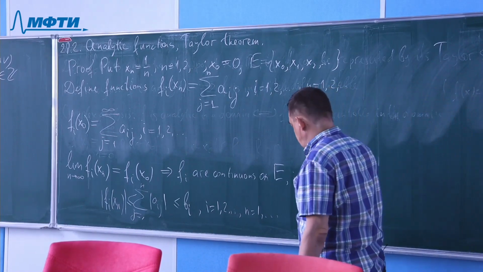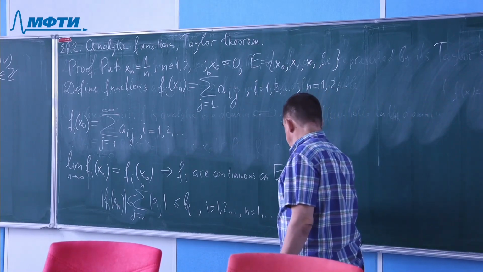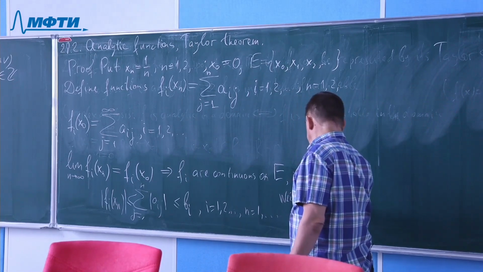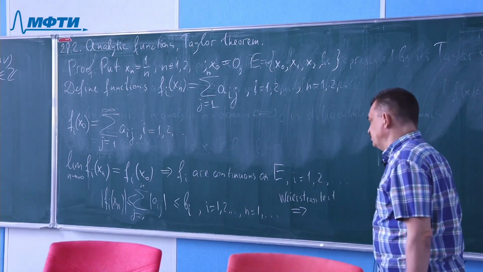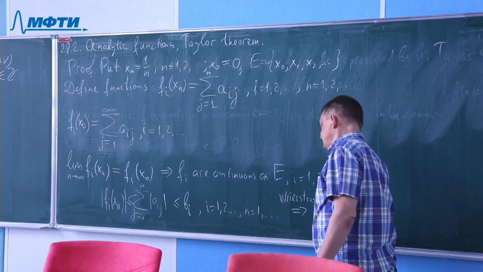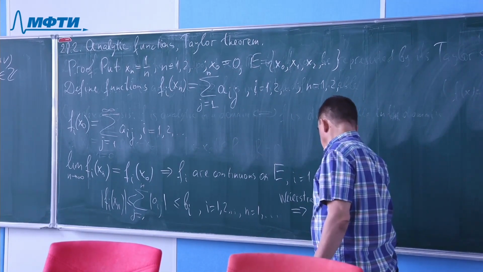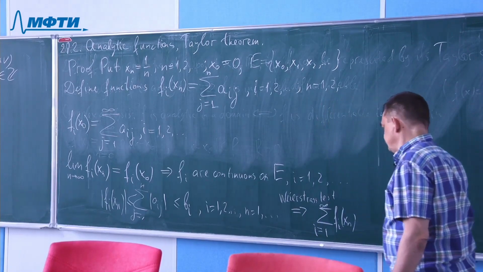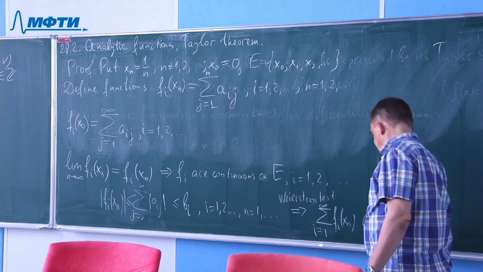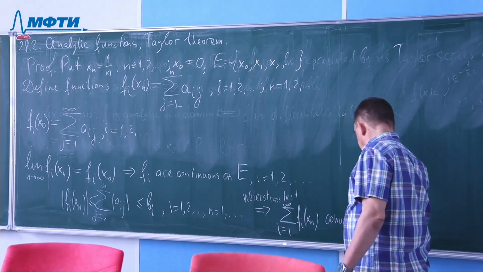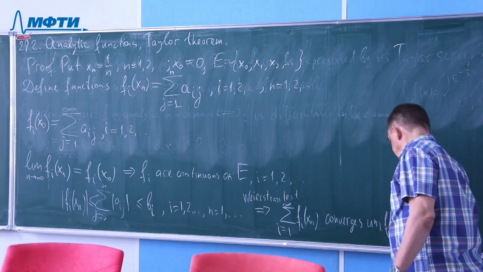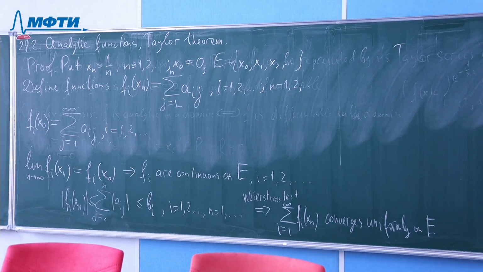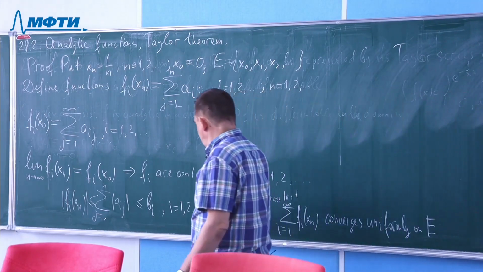So by the Weierstrass test, we deduce that the series sum over i from 1 up to infinity of f_i of x_n converges uniformly on E. In fact, I can include n equals 0 as well.